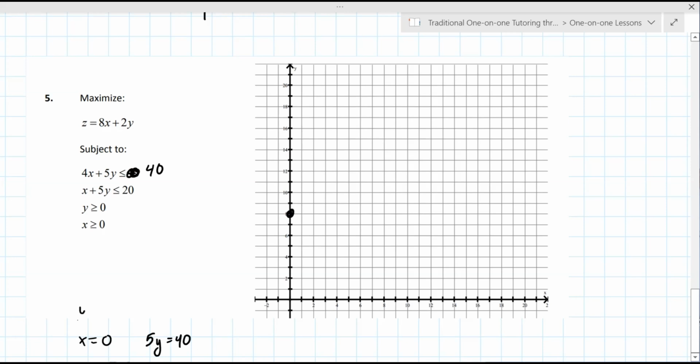Then you do the same thing. You let y equal 0. And then that 5y goes to 0. So it's just 4x equals 40. So what is the x value? 4 times what number gets you to 40?